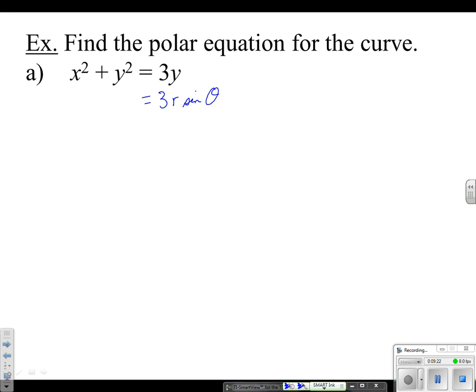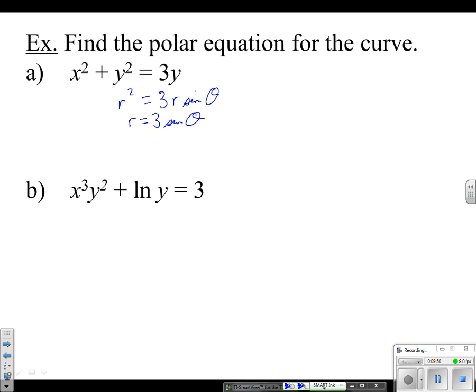I could do that on the left side, or I could notice that x squared plus y squared is r squared. So I can substitute that instead. And now simplifying a little bit, cancel r's on both sides. R equals 3 sine theta. So I've now got an equation for the same curve, but now it's represented in polar coordinates.